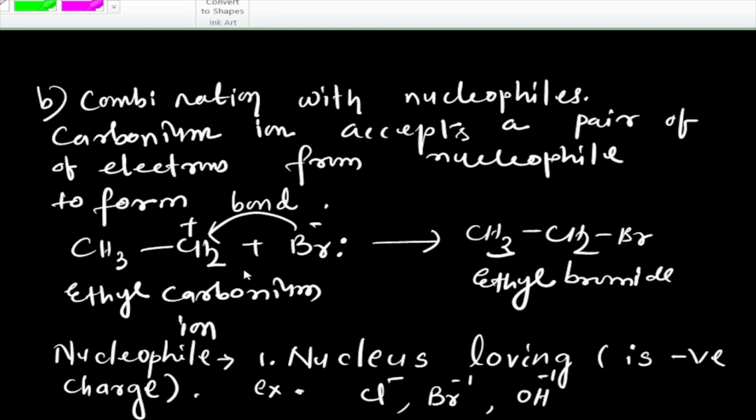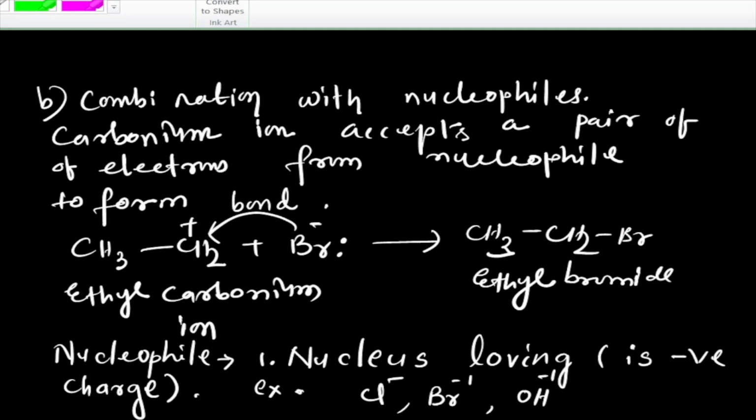Nucleophiles are negatively charged. Here, the carbonium ion accepts a pair of electrons from the nucleophile to form a bond. That means the carbonium ion has six electrons, a sextet, which is why it accepts a pair of electrons from the nucleophile. Now see here, Br is a nucleophile.